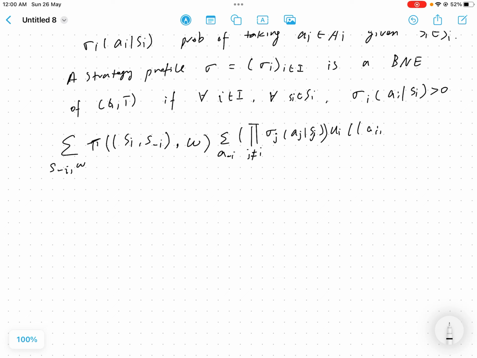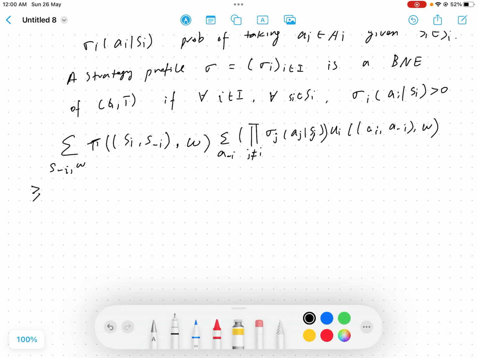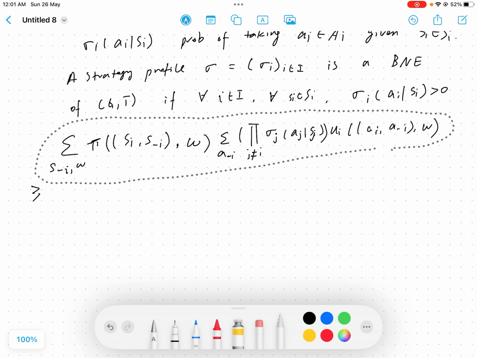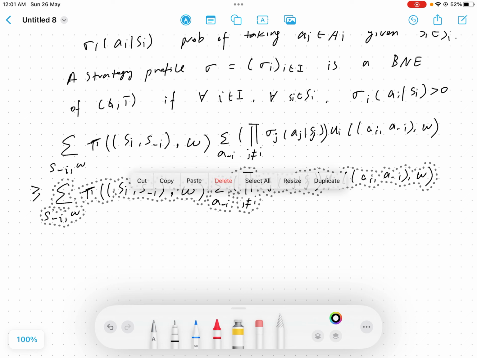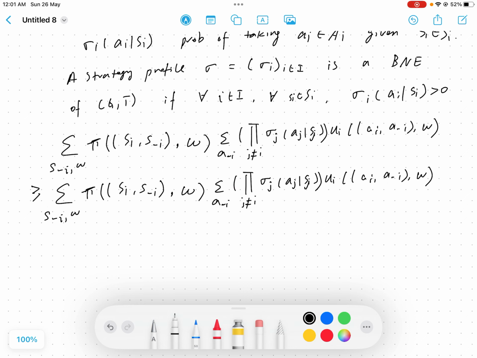Together, this has to be greater than or equal to the same expression where the only difference is the a_i part. So we just copy and paste, and put a prime here.